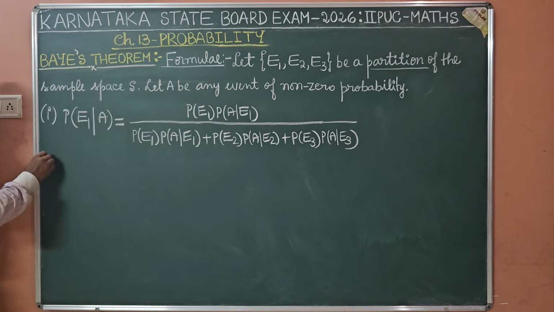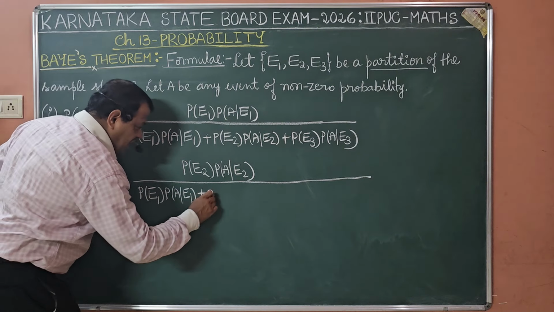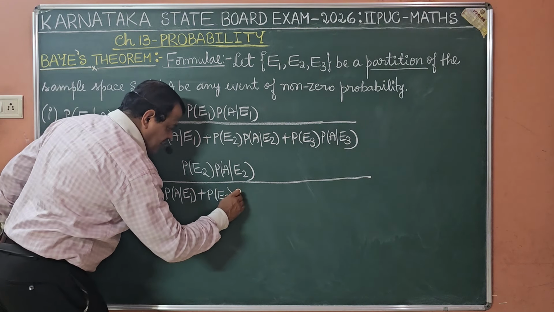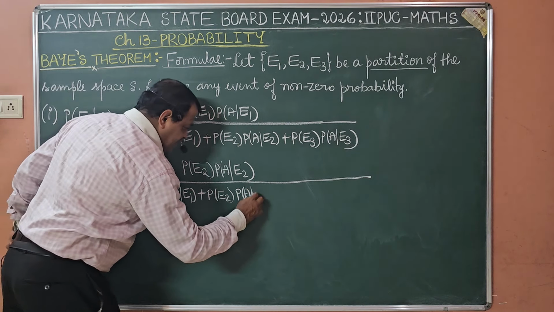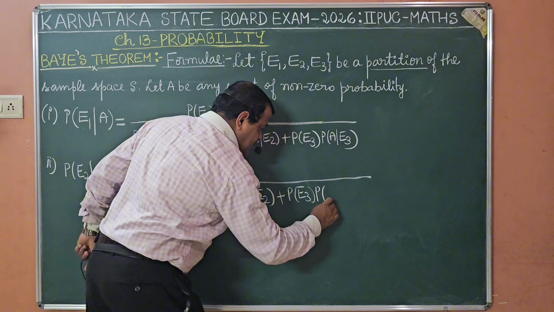Similarly, there is a second form. Suppose we need P of E2 given A, then the numerator is P of E2 into P of A given E2. The denominator is the same: P of E1 into P of A given E1, plus P of E2 into P of A given E2, plus P of E3 into P of A given E3.